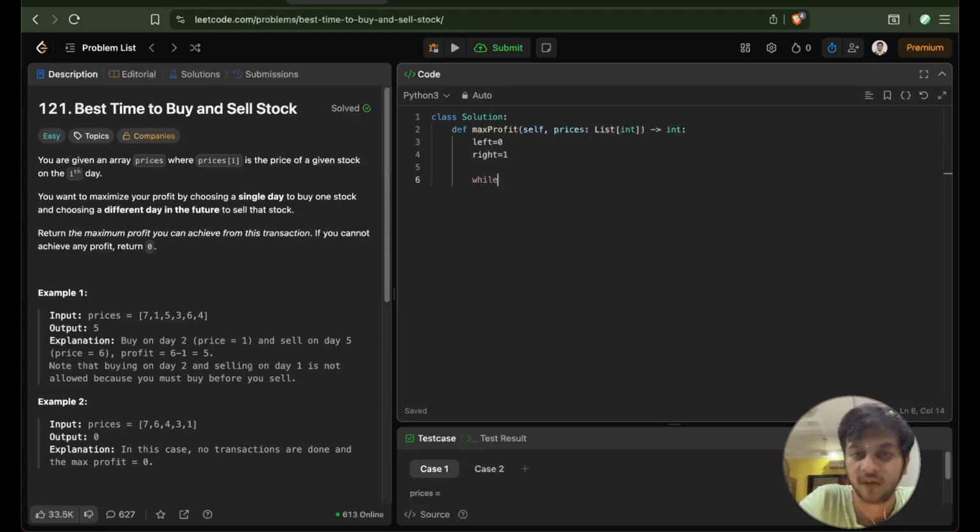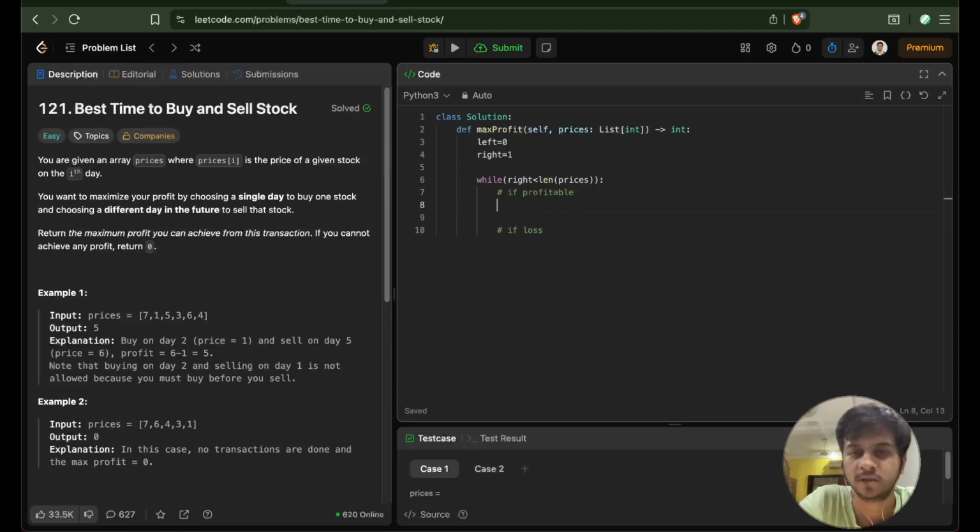Then what I will do is, while the right pointer is less than the length of the prices array which we have got, there are two possible conditions: if it's a profitable transaction, and if loss.